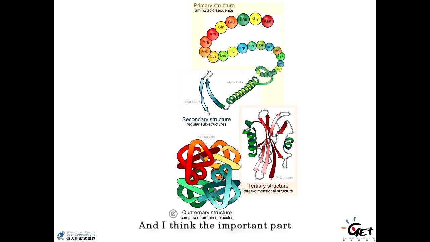I think the important part about protein structure nowadays is when we talk about synonymous and non-synonymous sites. We're going to talk about that a little later in this lecture. The important part is that a synonymous substitution means the change in the DNA sequence doesn't affect the protein.